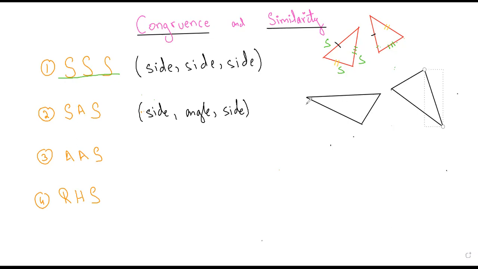And you have been told that this side is equal to this one. These two sides are the same. And this angle between the two equal sides is the same. So what do we see?